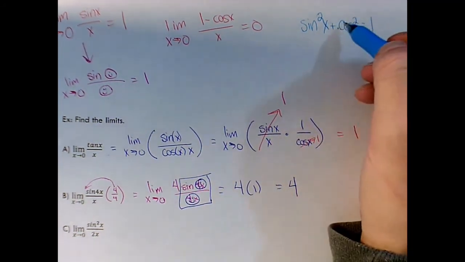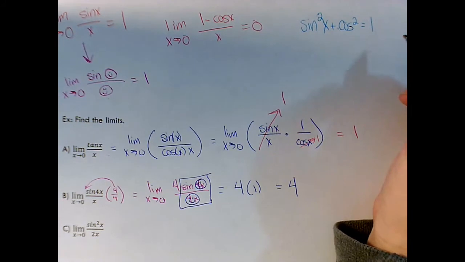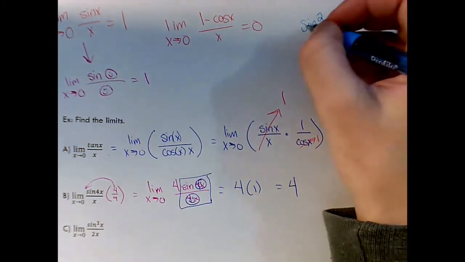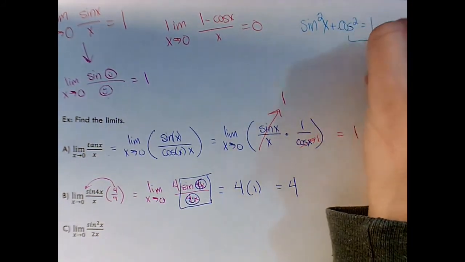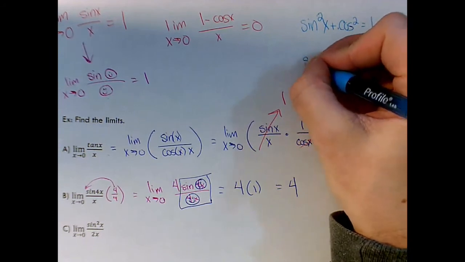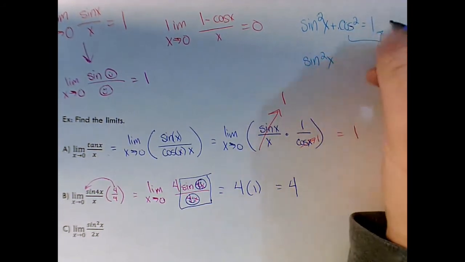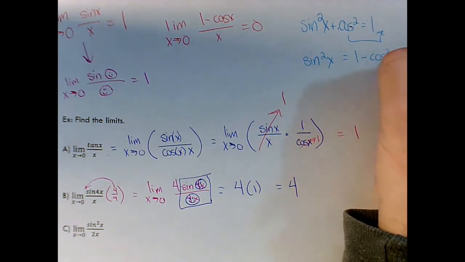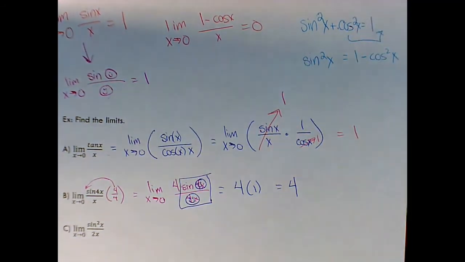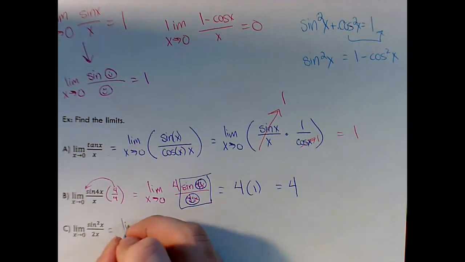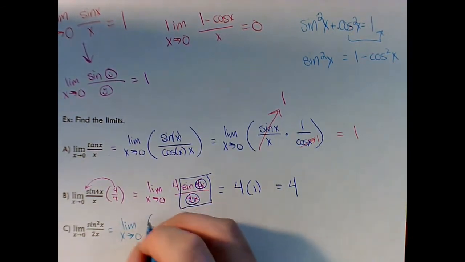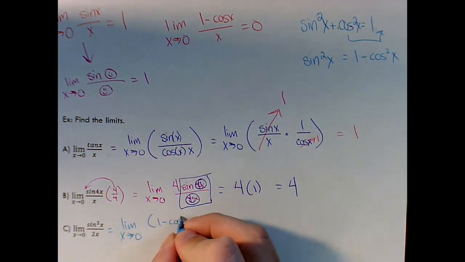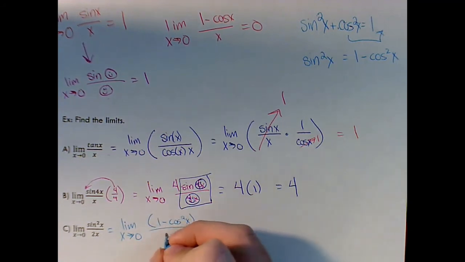If sine squared x plus cos squared x equals 1, I could solve this for sine squared x by moving that cos squared x over there. So sine squared x is the same as 1 minus cos squared x. So what I'm going to do is rewrite this out and turn this into 1 minus cos squared x over 2x.